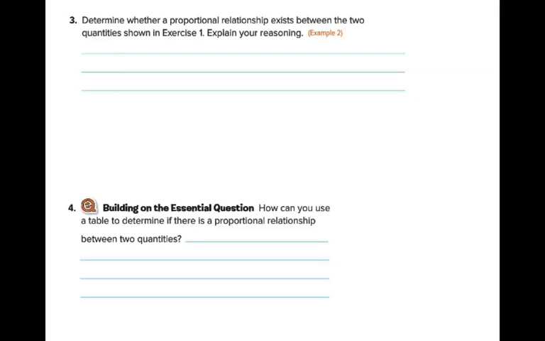Last two, determine whether a proportional relationship exists between the two quantities shown in exercise 1. So you're going to go back to exercise 1 and determine, is there a proportional relationship? Okay, a couple things I want you to think about. If you were to graph that, does the line go through the origin?